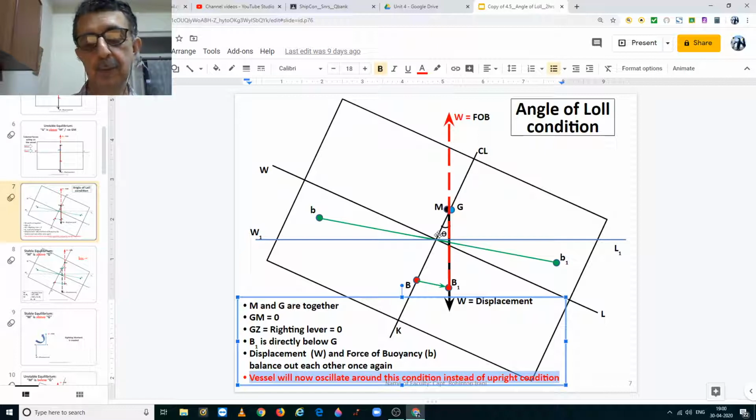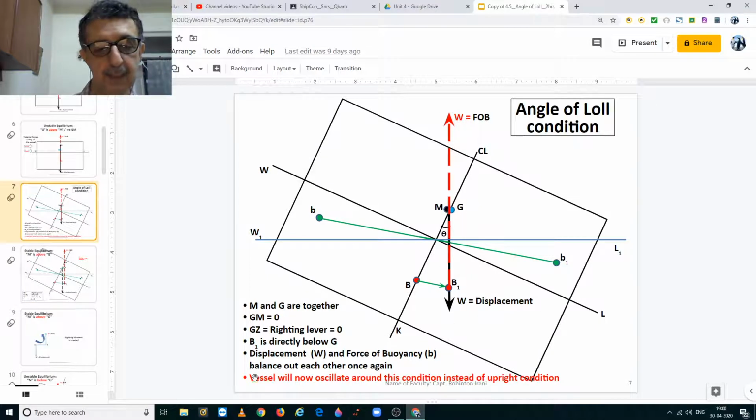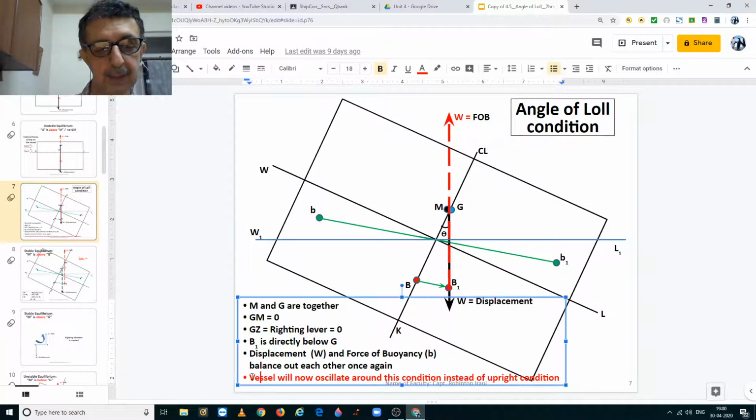So for it to come under an angle of loll condition, the metacenter moved up to align itself with the center of gravity. As we saw in the earlier slide, the vessel will now oscillate around this angle of loll condition instead of coming to an upright condition.